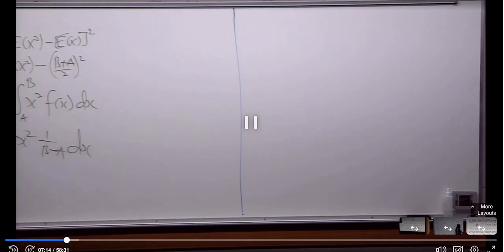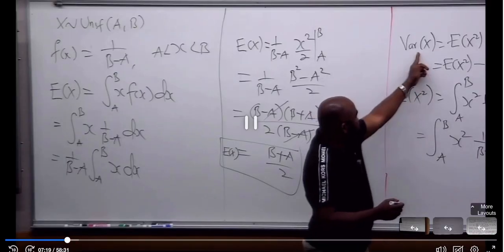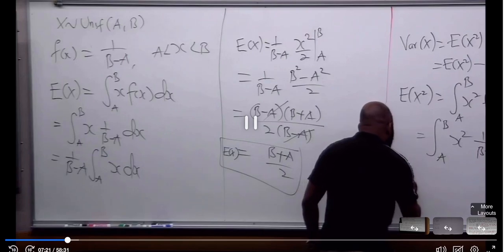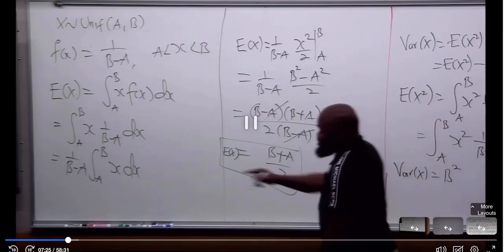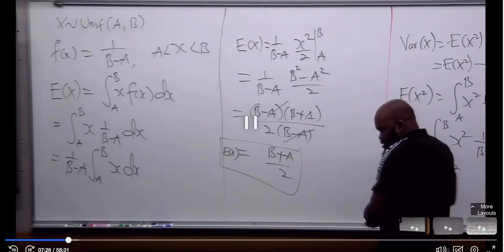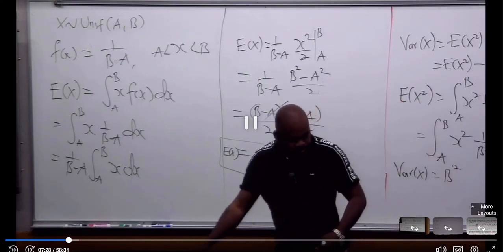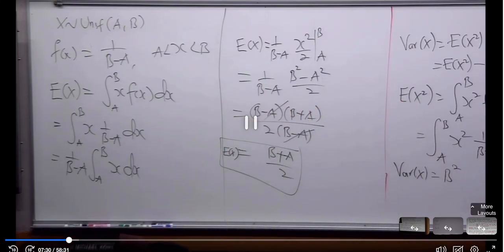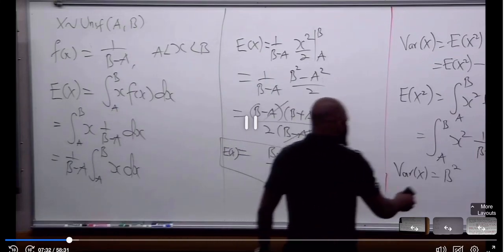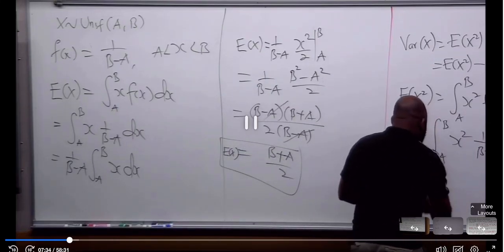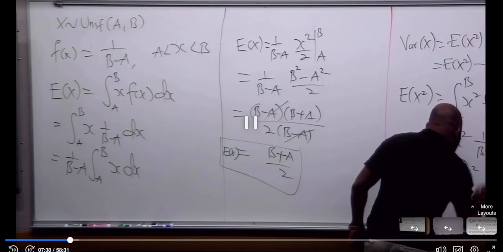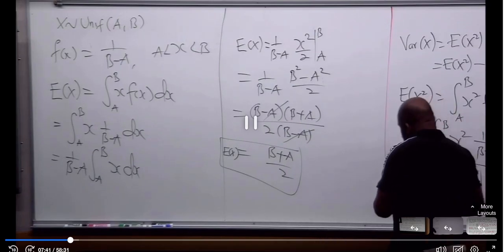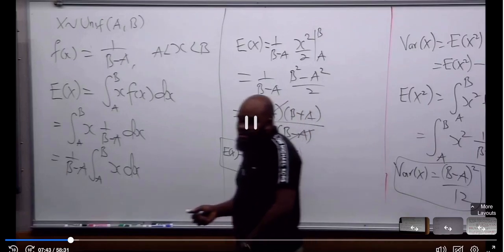If you finish this up yourself and use the formula for variance, you're going to have B minus A, all squared, divided by 12. Based on what we've been doing, you're going to derive that.